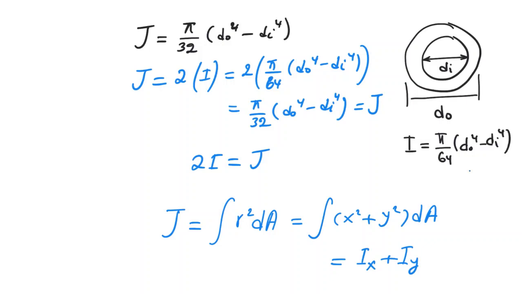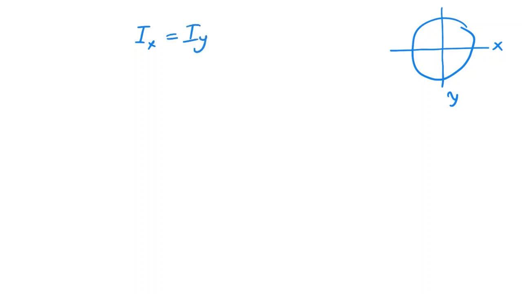Now, if you remember, for a round cross section, it doesn't matter if you take the moment of inertia around x or the moment of inertia around y. So Ix equals Iy, which is equal to, for example in here, pi over 64 d to the power 4.